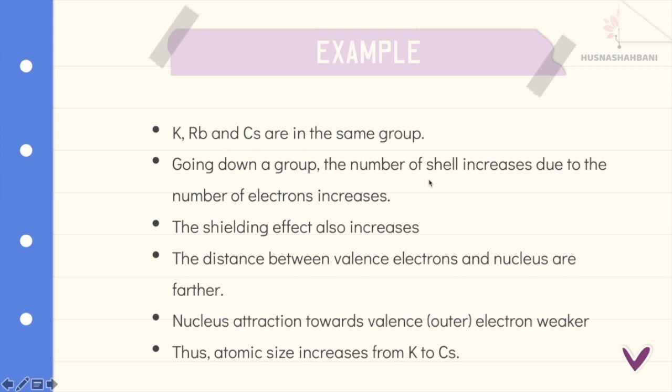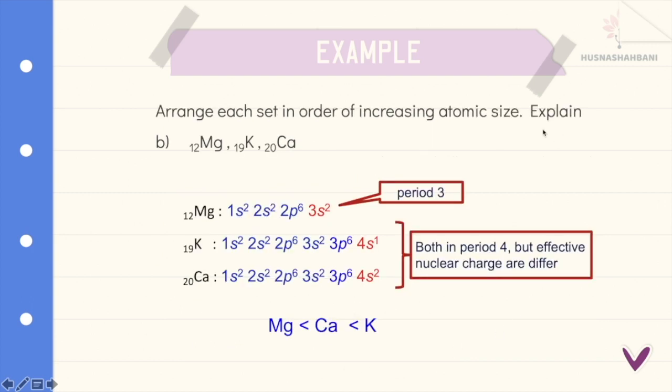Going down the group, the number of shells increases due to the number of electrons increasing. The shielding effect also increases because we have more inner electrons. The distance between valence electrons and nucleus is further. Nucleus attraction towards valence electrons is weaker, thus atomic size increases from K to cesium.